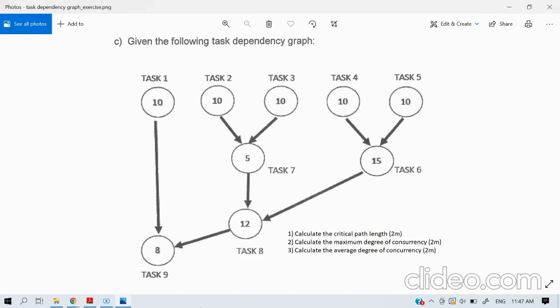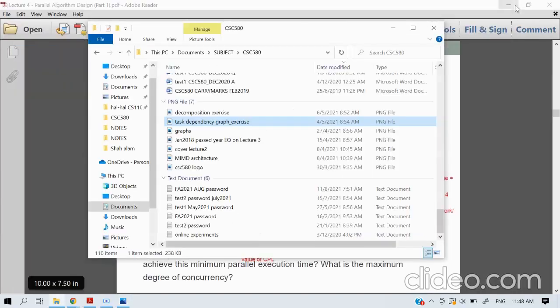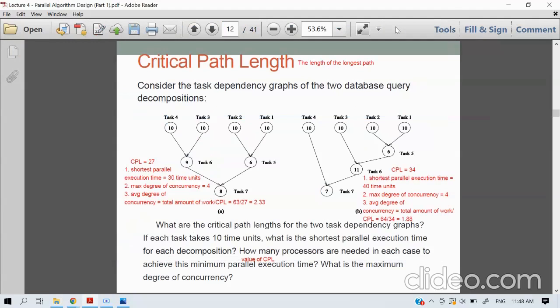So, means you need to write either task 5 to task 6 to task 8 or task 9, or you can use 10 to 15 to 12 to 8. Okay, that is fine if the question asks for the critical path only without the length. Alright, so everyone is clear. So we proceed to the next one.